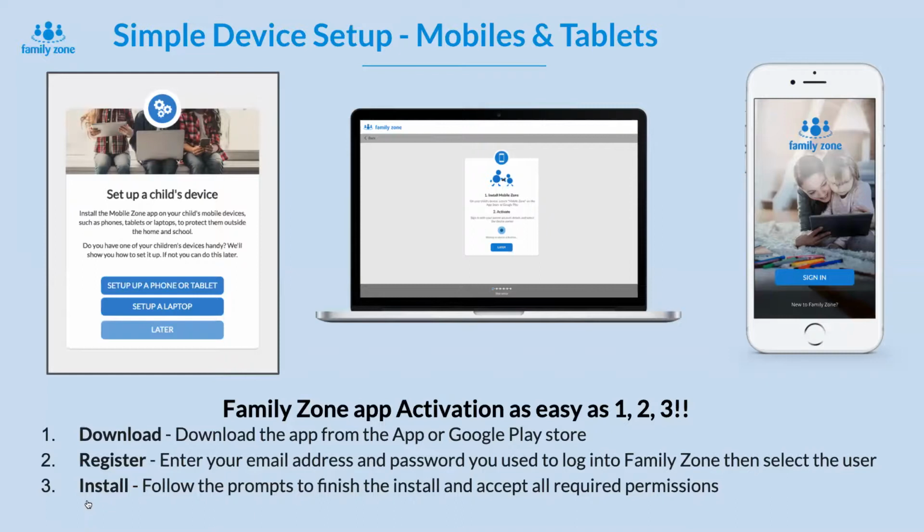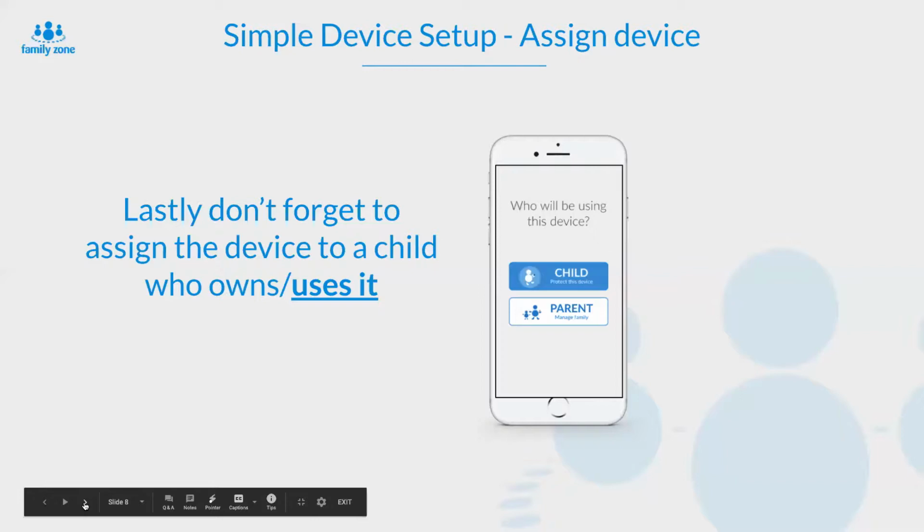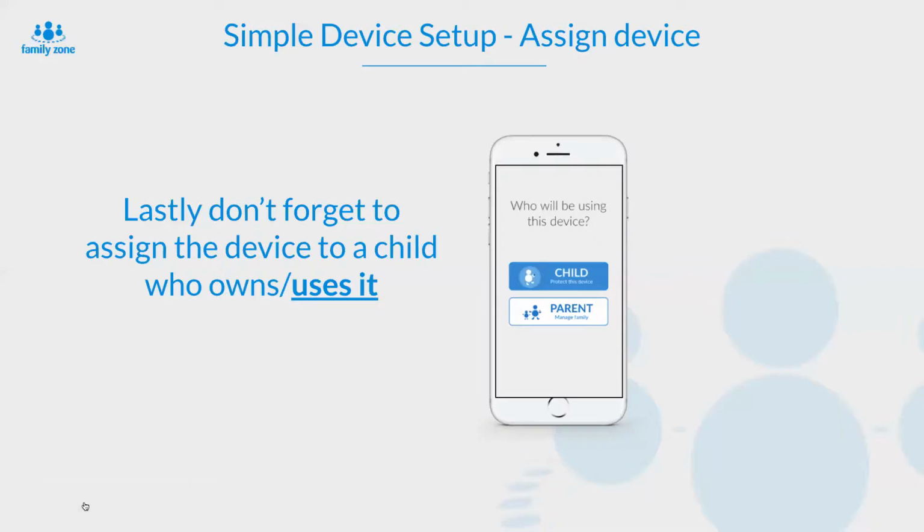Now, if your child has a phone or a tablet, it's the same. You want to grab your child's phone or tablet and head to the App Store or the Google Play Store and download the Family Zone app. And once you've done that, this is what will appear, and you simply sign into it again with your Family Zone email, the email address you use for your Family Zone account, and your password.